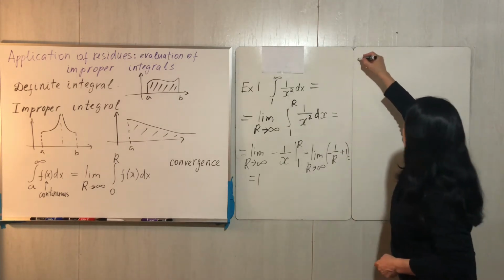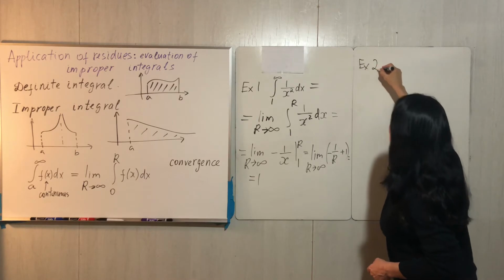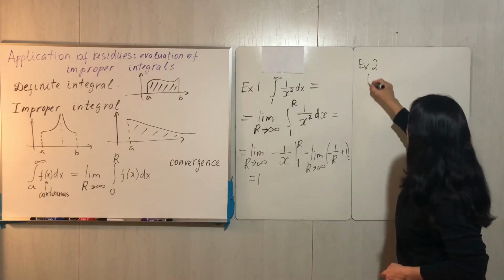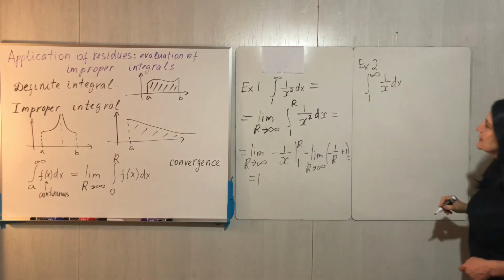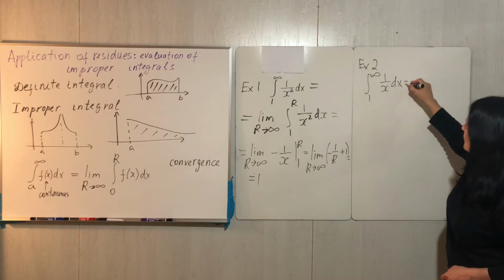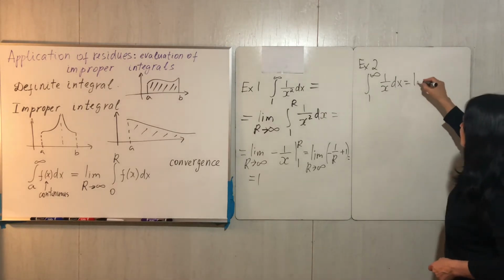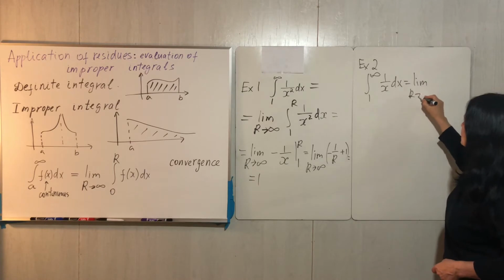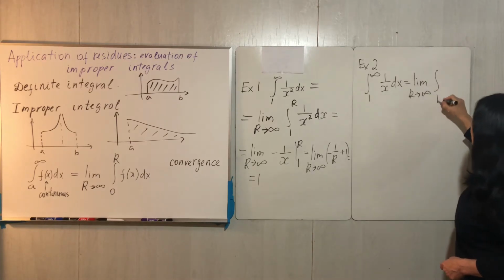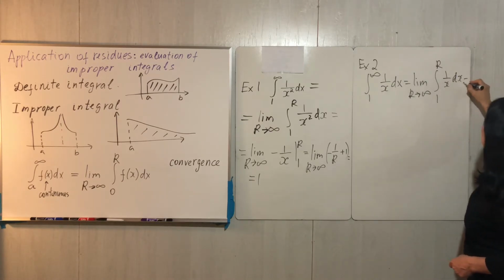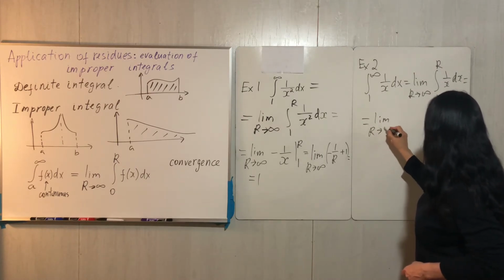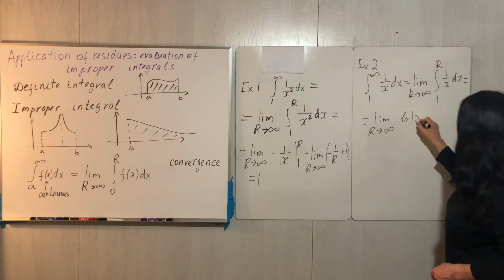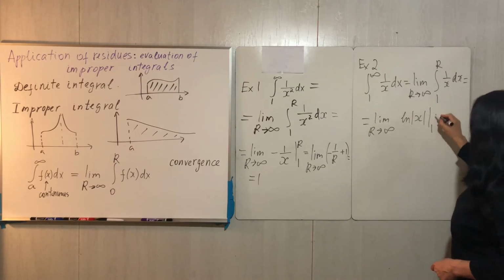Let's look at another example. Example 2: the integral from 1 to infinity of 1 over x dx. We write the same definition: the limit as r goes to infinity of the integral from 1 to r of 1 over x dx, which equals the limit of ln absolute value of x, substituted from 1 to r.